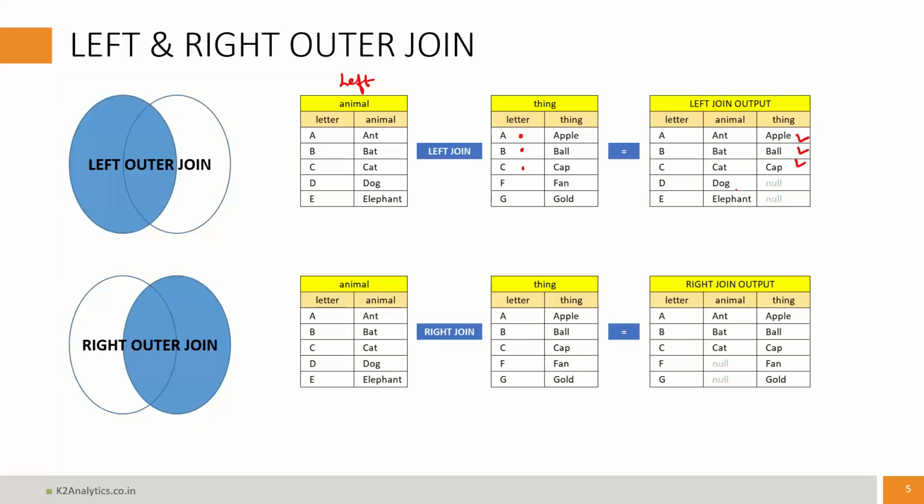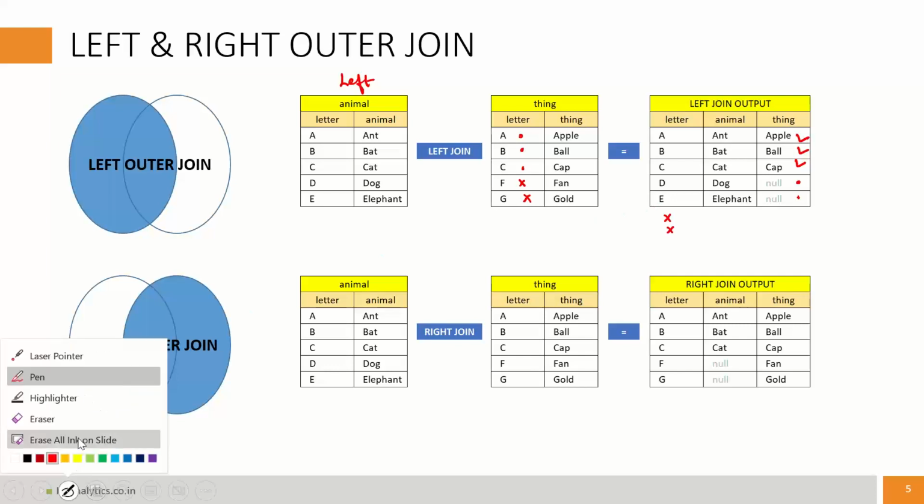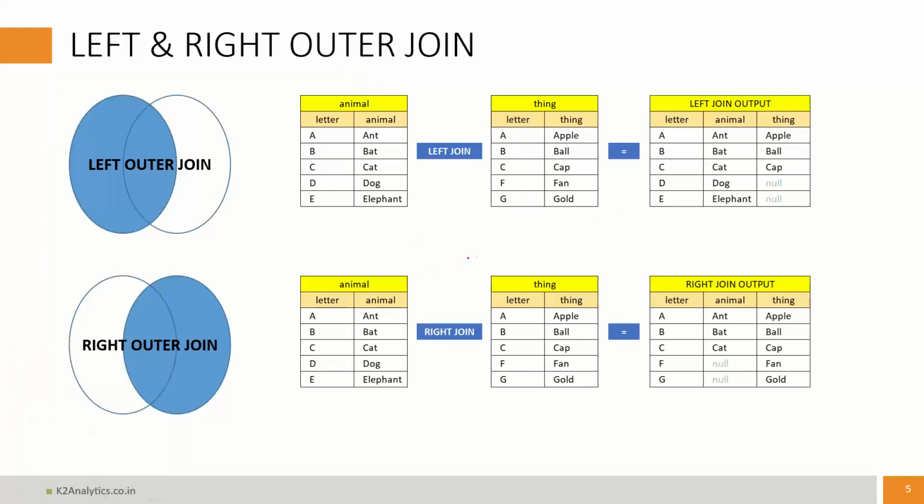Whereas for D and E, the right hand side table does not have the value, so it will be null. In this output, you see F and G are not present, because here the join is a left outer join. The opposite of left outer join is a right outer join.